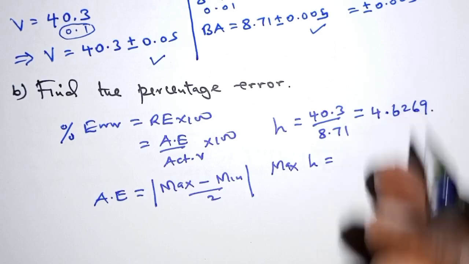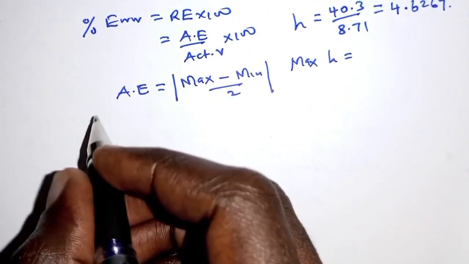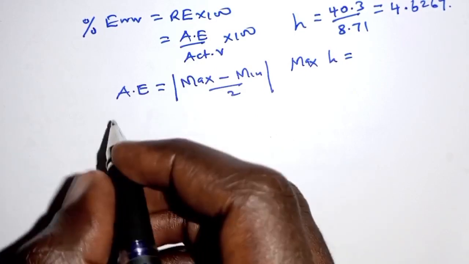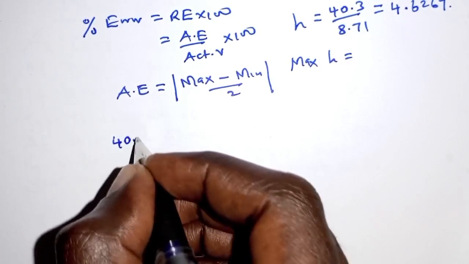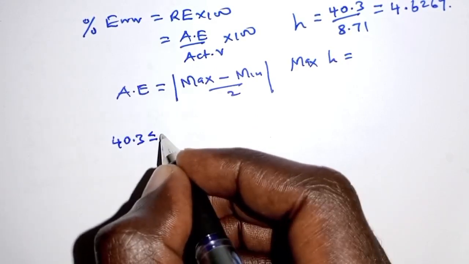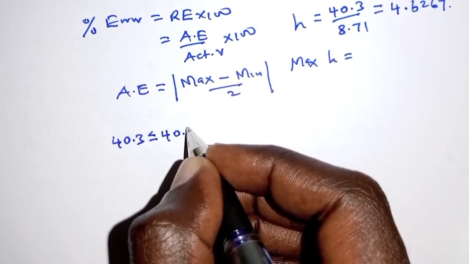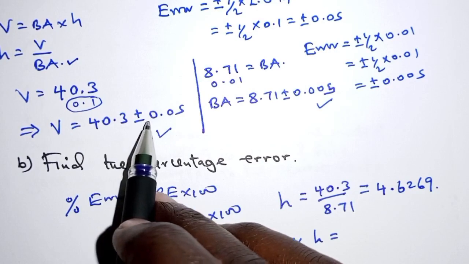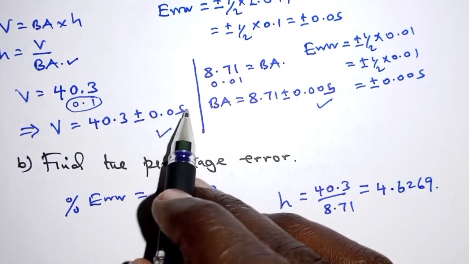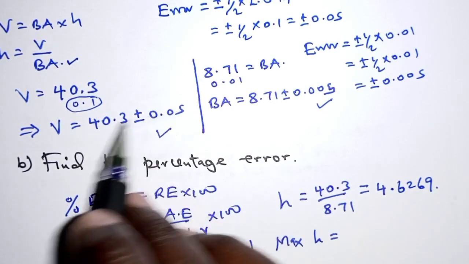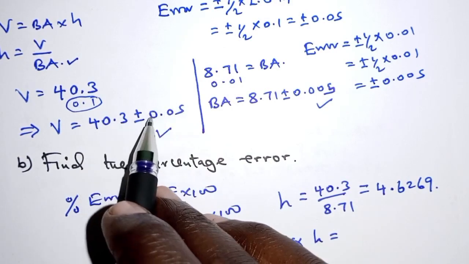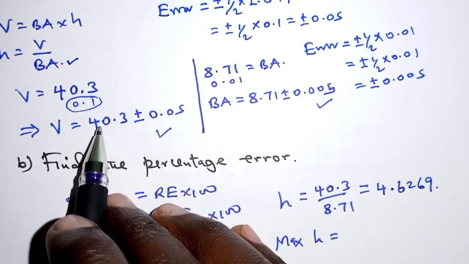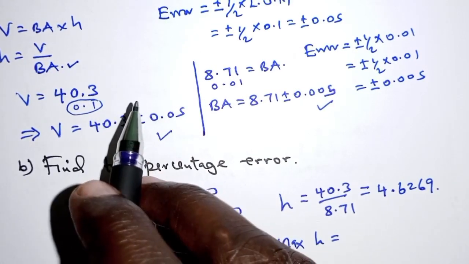Now, before we determine that, I wish that we first of all determine the limits. So for the volume 40.3, we have the upper limit as 40.35. Remember, we had the limit of error as plus or minus 0.05. So we are going to add 0.05 to 40.3 to get the upper limit and subtract 0.05 from 40.3 to get the lower limit.